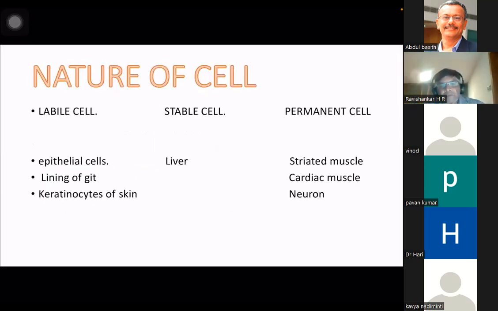The nature of the cell is of three types: labile cell, stable cell, and permanent cell. A labile cell is a cell which is continuously dividing. A stable cell is a cell that starts dividing when there is an injury. A permanent cell is a cell which does not divide. Examples of labile cells are the GIT lining, which are epithelial cells, and keratinocytes of skin. For stable cells, an example is cells of the liver. The permanent cells are striated muscles, cardiac muscles, and neurons.